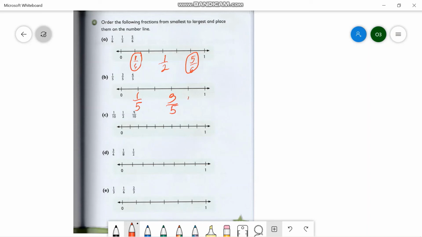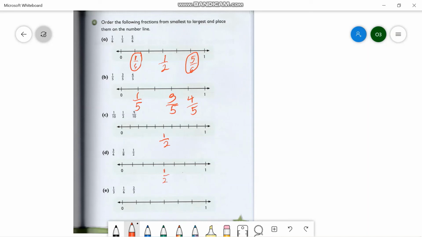And this one is 4/5. Now in letter C, you have again 1/2. Again, half of 10. What is half of 10? That is 5. 1, 2, 3, 4, 5. So this is 1/2. And then you have to place 1/10 in the number line. This is 1/10. And 9/10 is here.